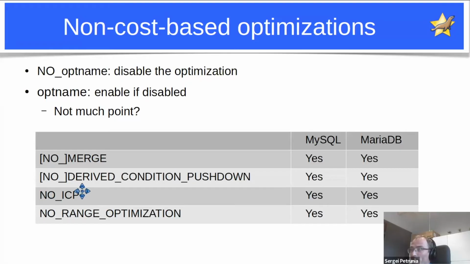You can disable it, and you could enable it on a case-by-case basis. But MySQL didn't provide an ICP hint, so neither do we. Again, the only times I saw this switch used is for bug fixing and debugging, so I didn't really see demand for it.